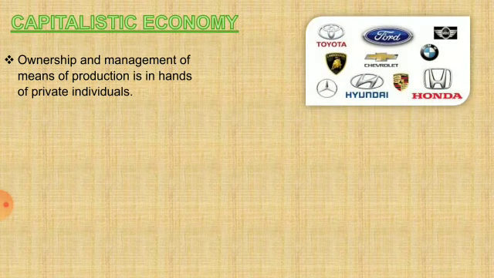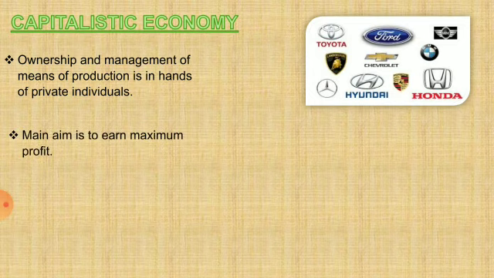For example, Toyota, Ford, Chevrolet, Hyundai, Honda, BMW, Mercedes Benz, these are all privately owned companies. Now, in these privately owned companies, the producer can produce whatever he wants, taking into consideration the rules and regulations of that particular country.